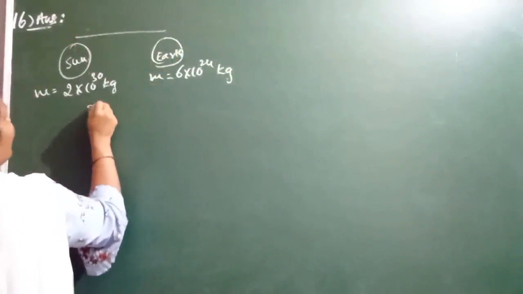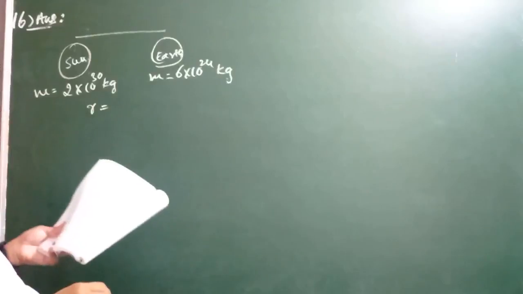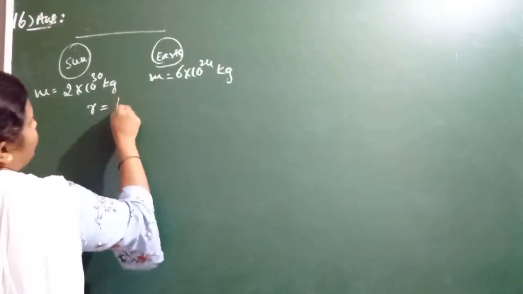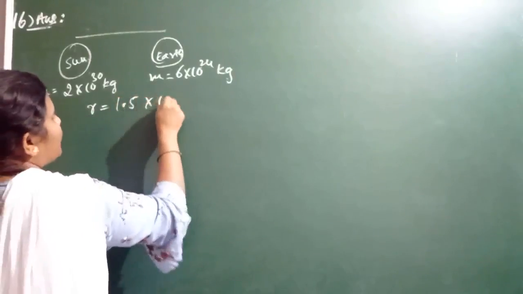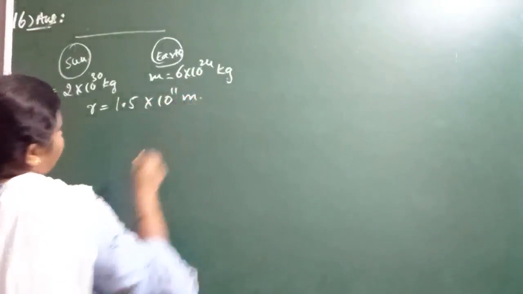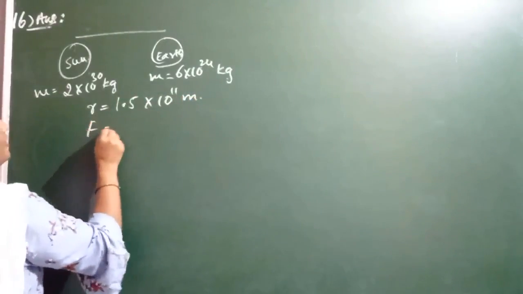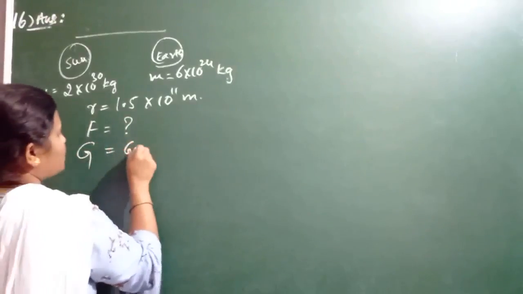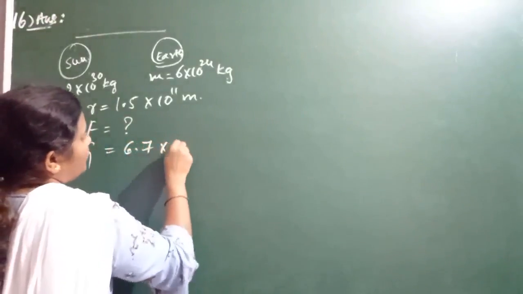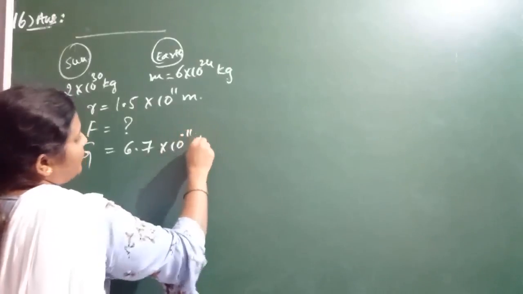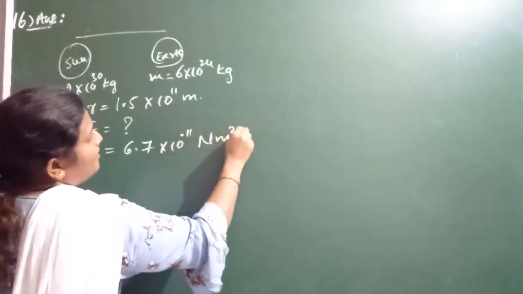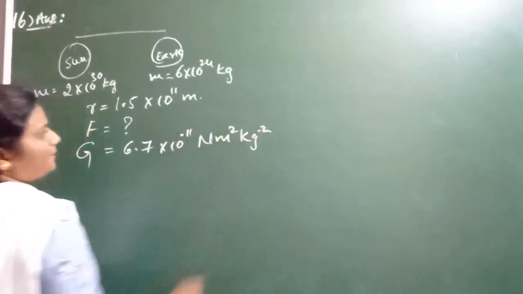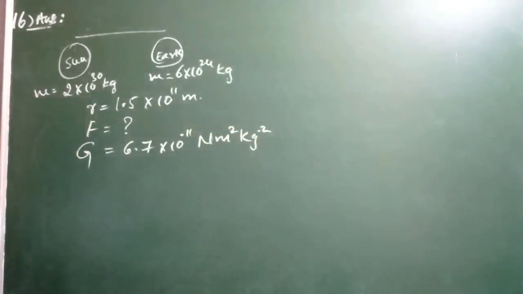So what is that? Radius is 1.5 into 10 to the power of 11 meters, and F we have to calculate, and the gravitational constant value we already know, 6.7 into 10 to the power of minus 11 Newton meter square per kg square, isn't it, children? This is the constant value.